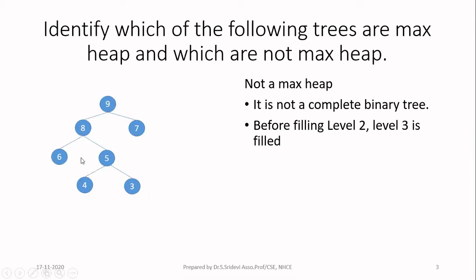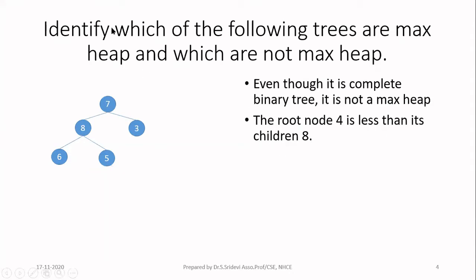That means this level should be filled completely, then only you can insert in the next level. But now level 2 is not filled, so it is not a complete binary tree. When it is not a complete binary tree, don't check for the remaining properties. Straightaway you can write your answer. It is not a max heap because it is not a complete binary tree. The reason is before filling level 2, level 3 is filled.